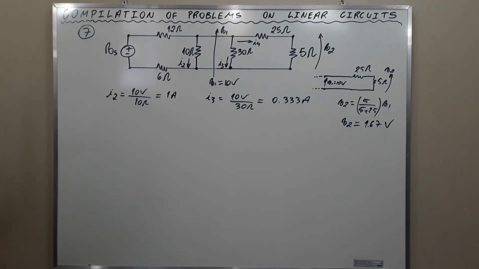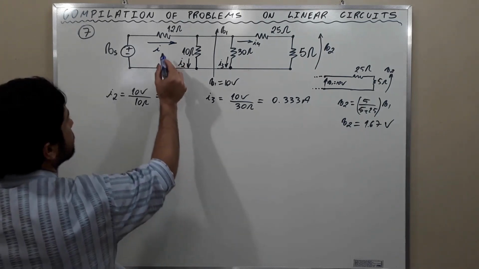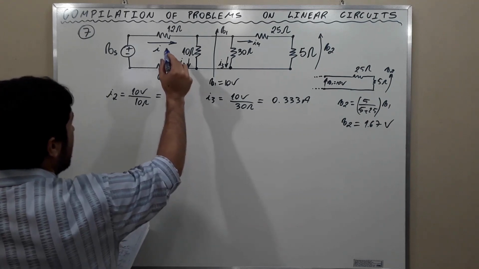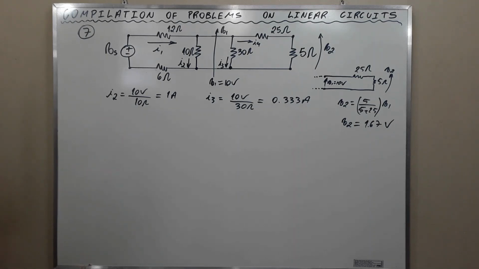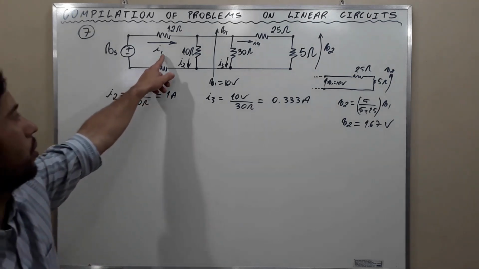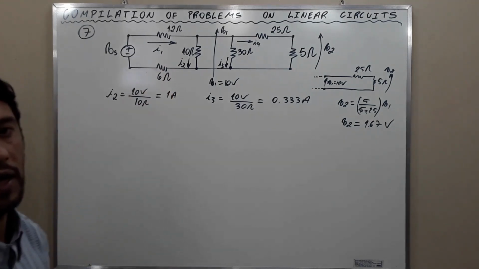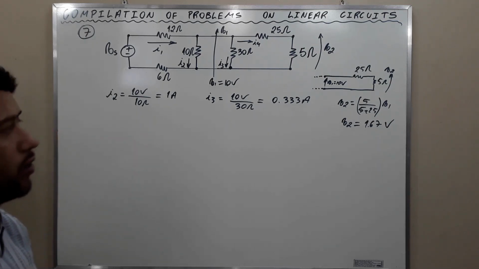What else? We can calculate the value of the current of the source in this way. Let me call it I1 here, because we have already labeled the current of the source in a different way for letter A. For letter B, we are going to call it I1. We know that the sum of the currents that enter a node must be equal to the sum of the currents that leave the node.